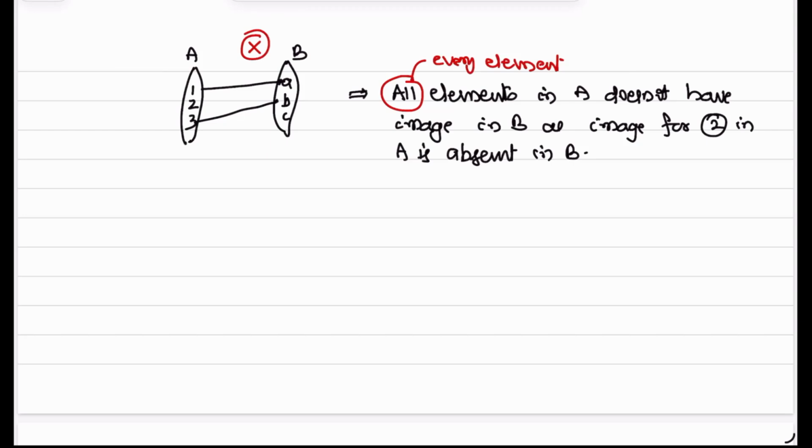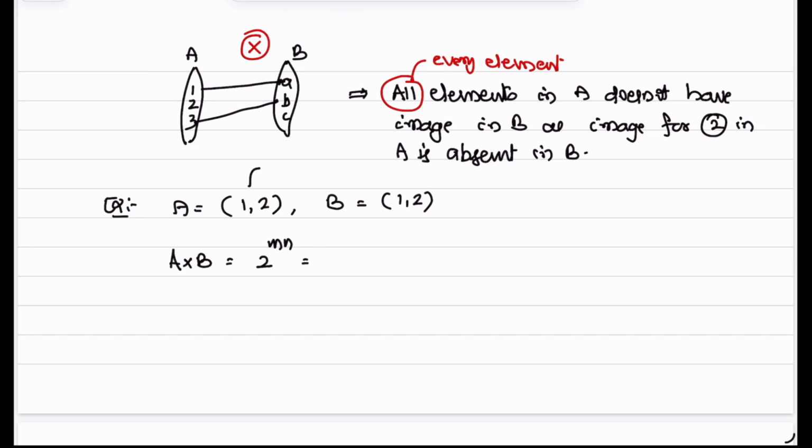Now, example: if A is equal to 1, 2 and B is equal to 1, 2, then A cross B has how many elements? 2 to the power of mn.